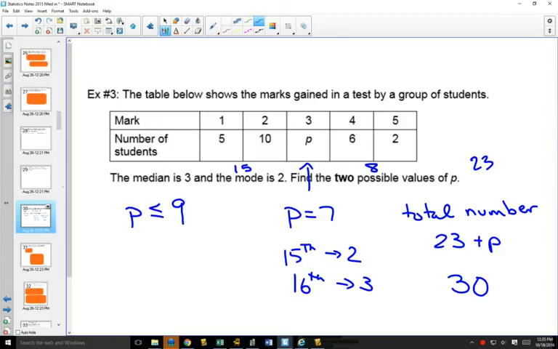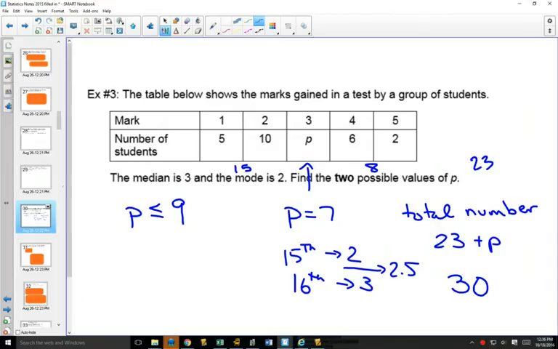The first 5 are 1s, the next 10 are 2s, and then if we said P is 7, the next 7 would be 3s. If you had 30, then the median would be right here in between the 2 and the 3, and the median would be 2.5. So 7's not quite big enough, because then your median would be 2.5.